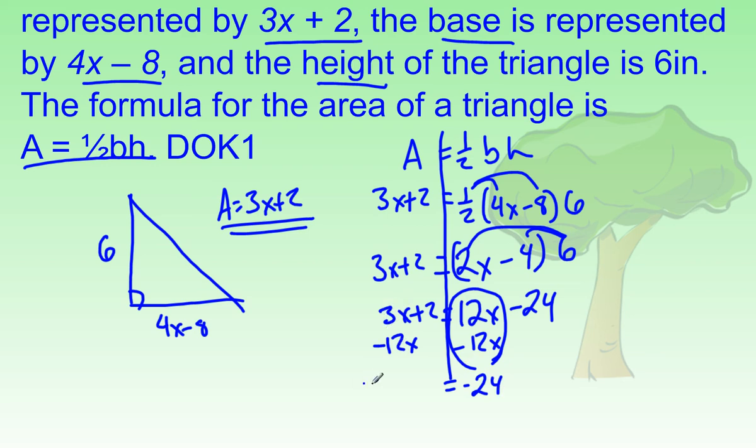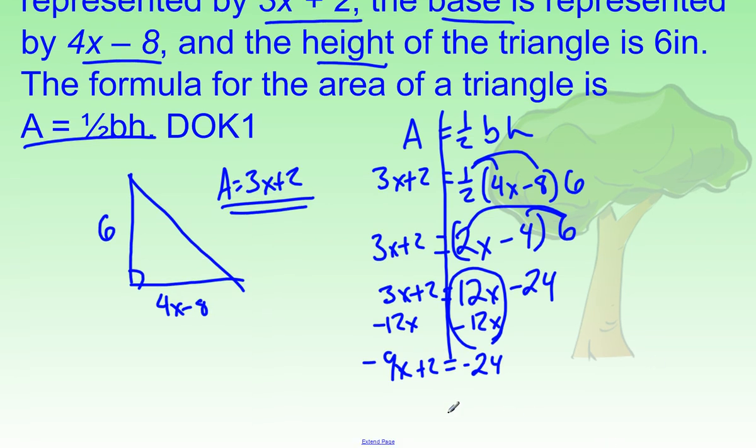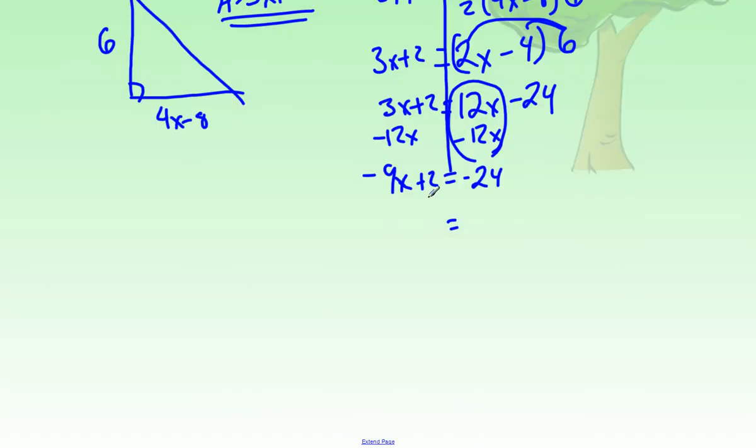And this gives me negative 9x plus 2. And I'm going to subtract 2 on both sides, which gives me negative 9x equals negative 26.